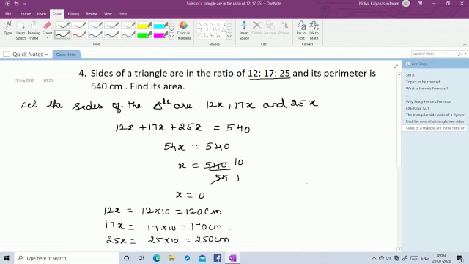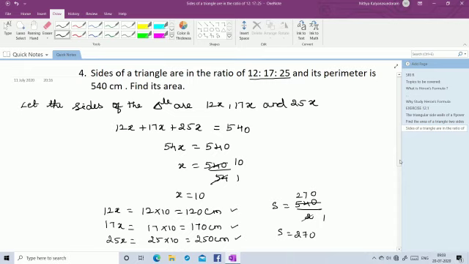So we got the sides. Then calculate the semi-perimeter. So s is equal to 540 divided by 2, which is 270. We got the sides as 120, 170 and 250.